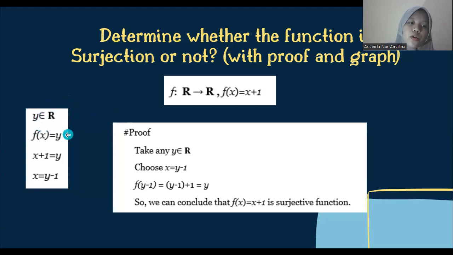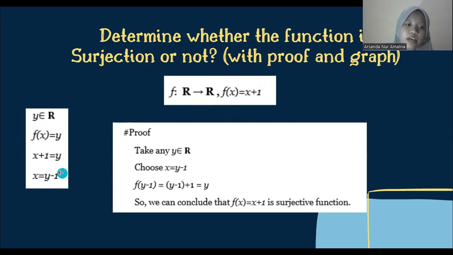So we need to show that there is an x in the domain that maps to y in the codomain, right? To find its value, we substitute into f of x equal to x plus 1 and we get x equal to y minus 1.